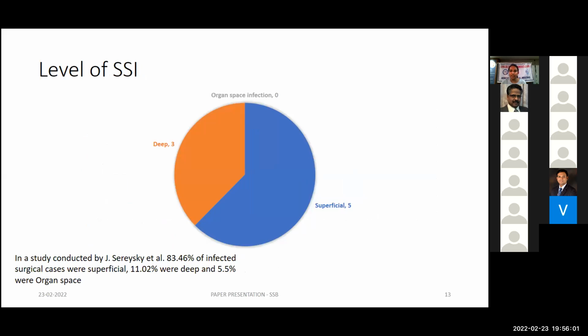As for the level of SSIs, we had 5 superficial surgical site infections out of 50 patients, and 3 deep surgical site infections out of 50 patients, and we did not encounter any organ space infections. I would like to highlight here that a study conducted by Seresky et al. showed 83.46% of infected surgical cases were superficial SSI, and 11% were deep, and 5.5% were organ space.